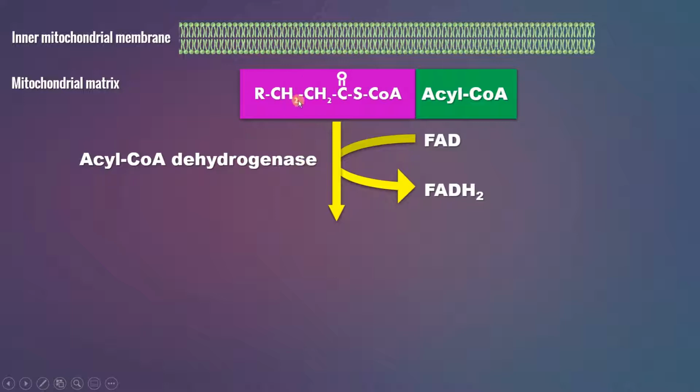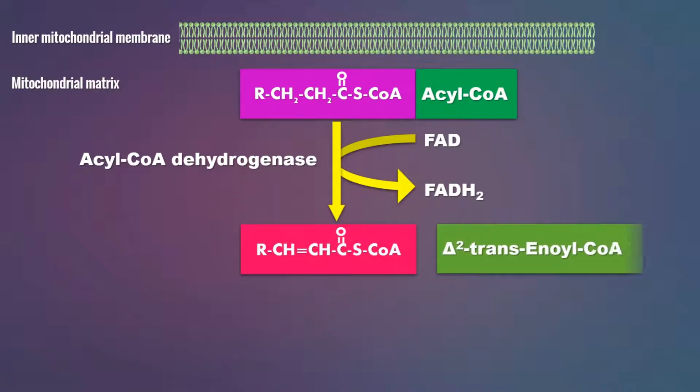Now if you remove two hydrogen from this second and third carbon atom of this fatty acid, the resultant intermediate would be like this. Now you can see there is an introduction of double bond here, and this CH2 and CH2 will become CH and CH. So the name of this compound is called delta 2 trans-enoyl CoA.